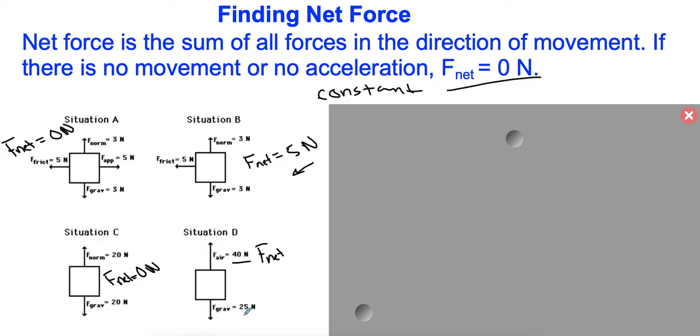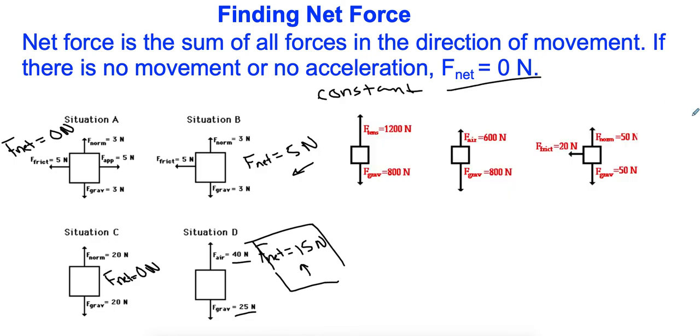We've got to subtract those, so it's 15 newtons up. Maybe in this scenario it could be a skydiver or somebody with a parachute. They deployed a parachute which caused an upward force, and we got that upward net force.